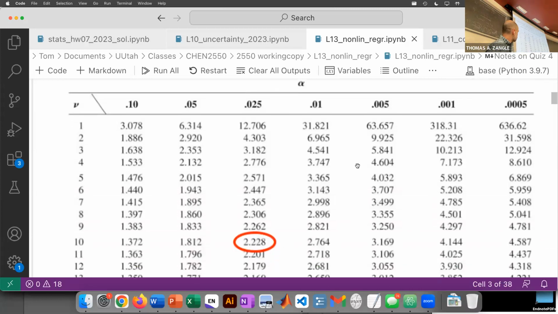And so in this example, we were going to look this up based on an alpha value of 0.025 with the degrees of freedom of 10. So we ended up with 2.228, the same thing that we got from the Python code. Okay. So this is the way things were done in the olden times before having this kind of code at your fingertips.